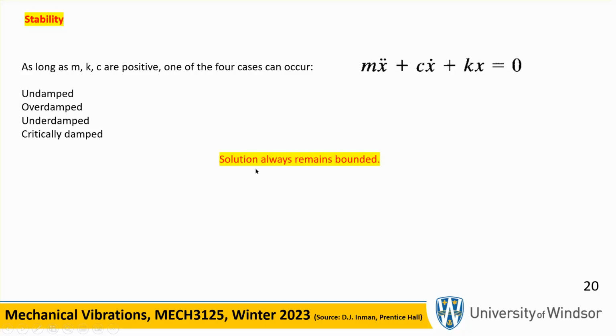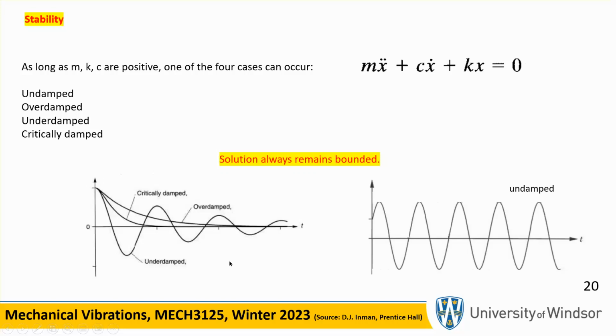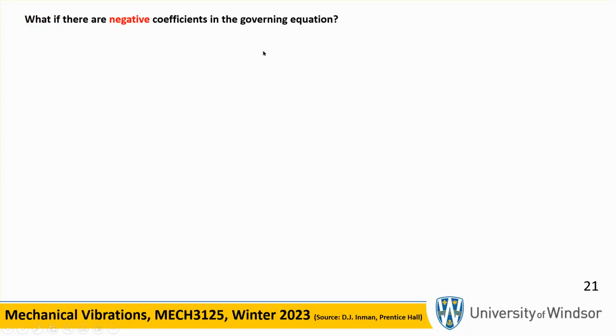Now, we know what the solution looks like. For example, in the case of viscous damping, you can have an oscillating, decaying amplitude, or overdamped and critically damped, which are not oscillating like that. And if there is no damping, C equal to 0, obviously it's a sinusoidal curve. Now, what if in this mother of all equations, some coefficients are negative?